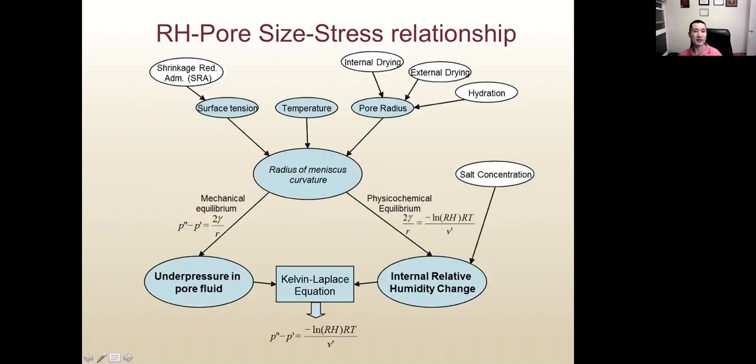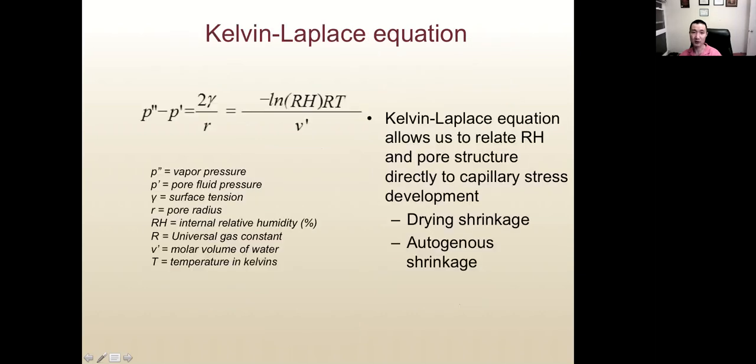Let's go back to the previous slides. One of the chemical admixtures is called shrinkage reducing admixtures, or SRA. These admixtures can reduce the surface tension in the pore solution. So as a result, the surface tension, which is gamma here, is reduced. So we can reduce the shrinkage stress.